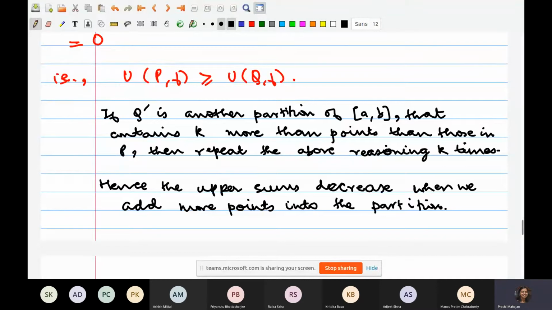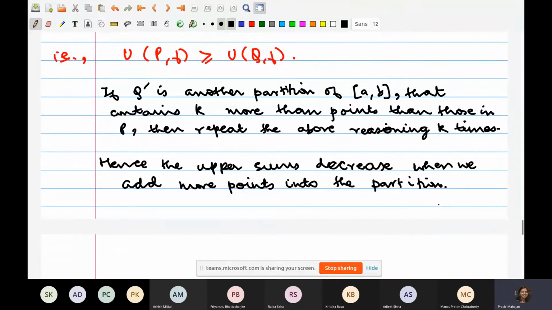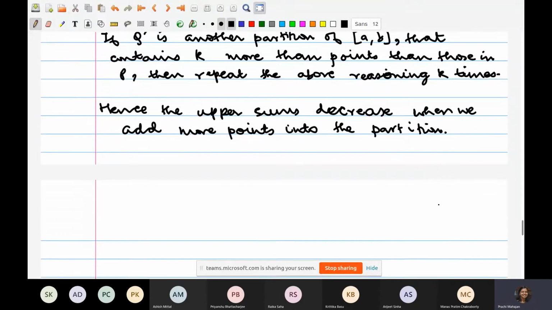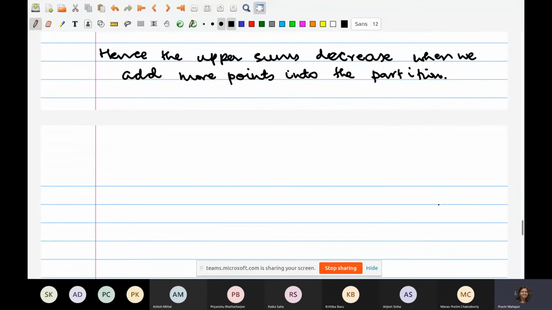So there is a certain monotonicity property here, and to state that, let me introduce this definition.